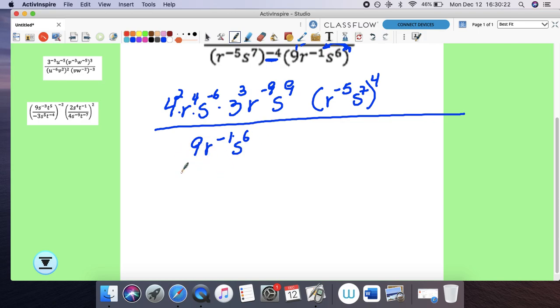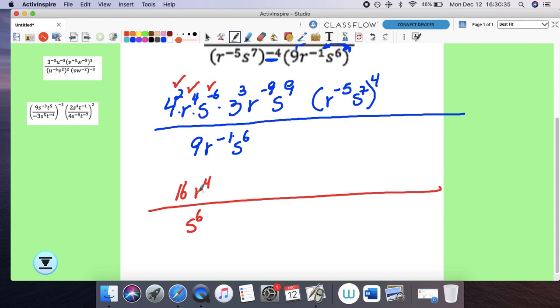Now let's see if we can clean up here. 4 to the second power is 16, r to the 4, right? 16, r to the 4, s to the negative 6 comes down. 3 to the third is 9, sorry, it's 27. I'll put it over here. So that's done. R to the negative 9 comes down.